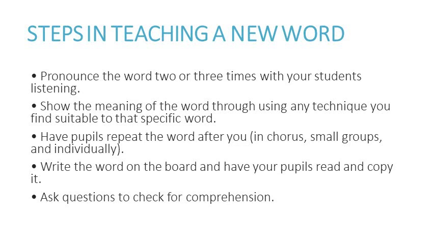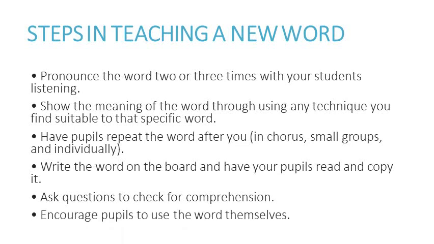So another step is asking questions, especially if you tell students to ask and present and show and mime and make actions of the word, or draw the word, or write the word, or spell the word. Encourage pupils to use the word themselves. So use the word in context or in a real situation. Very important.